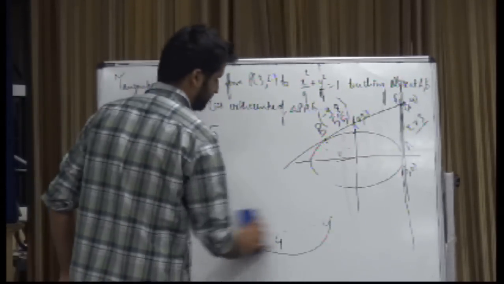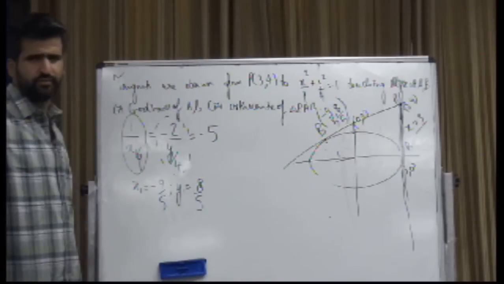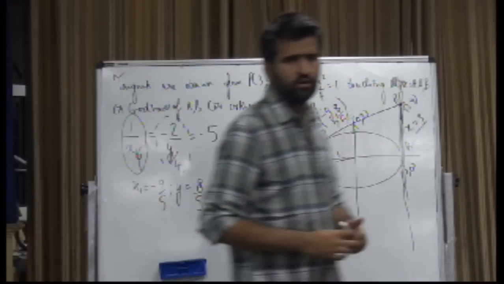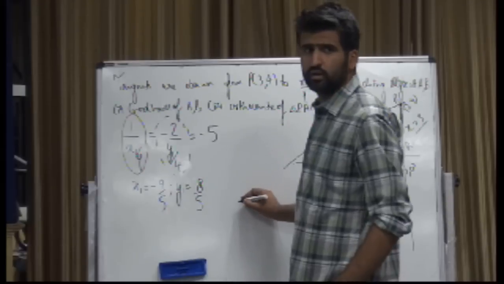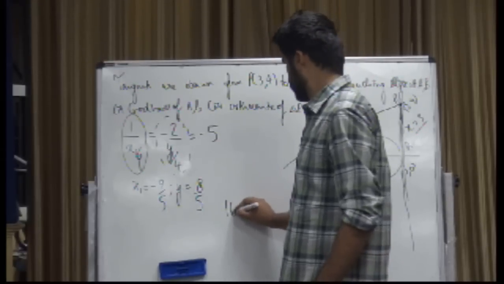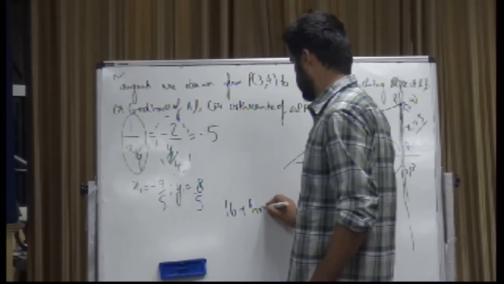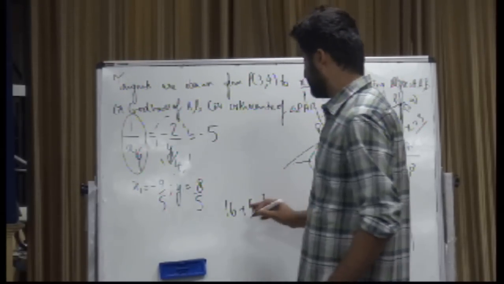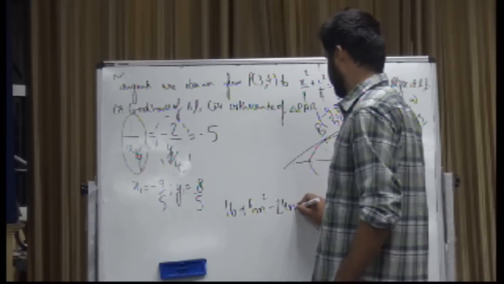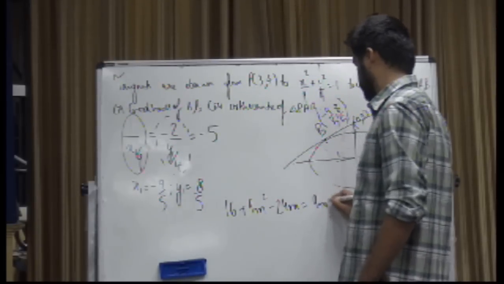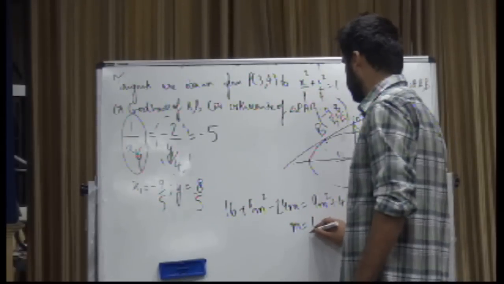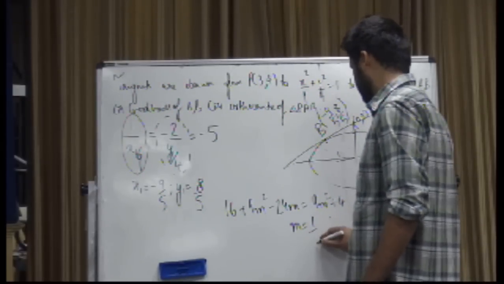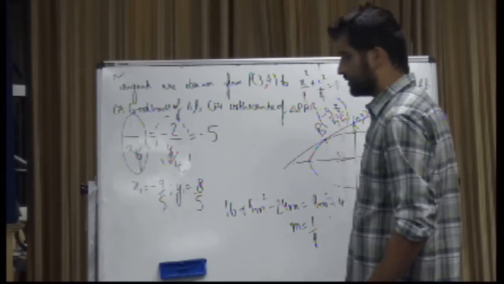So we got the equation. What was the equation in m square? We got 16m square plus 9 minus 24m is equal to 9m square plus 4. So if you put m is equal to 1 by something, let's say p, what will you get?